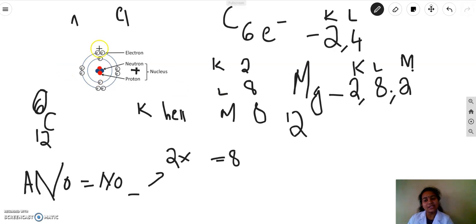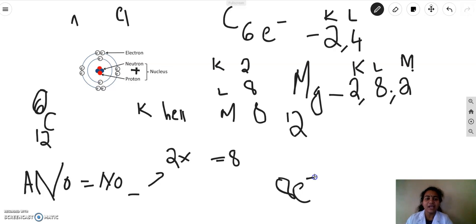If the valence shell, that is the last shell, contains 8 electrons, then only an atom will be stable. This rule is known as the octet rule. Only then can we say an atom is stable.